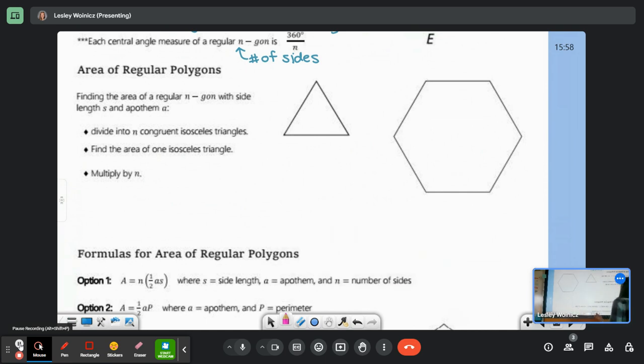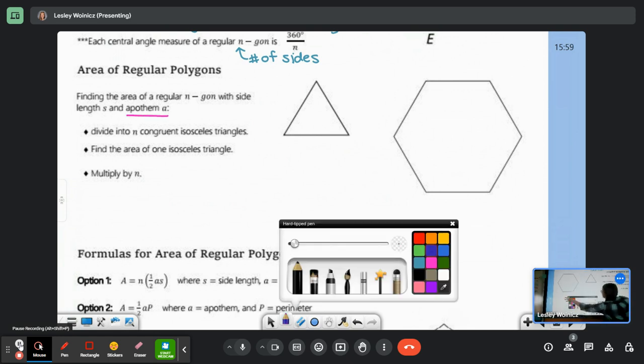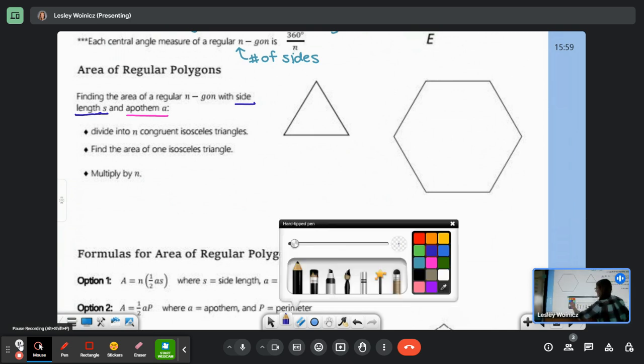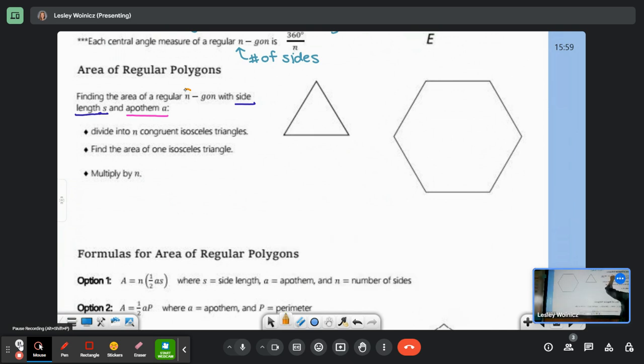If we want to find the area of this regular polygon with side length S and apothem A, so the A is the apothem, the S is the side length, and then the N is how many sides, we have to follow these steps.